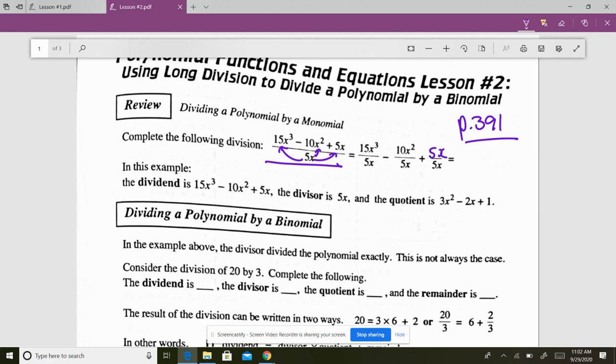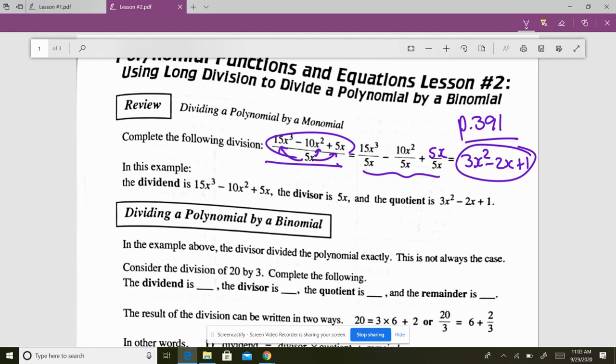Because if you're going the other way, you need a common denominator, and then you just add the tops, which would give you this thing. Okay? So then we just simplify it. What's 15 divided by 5? 3. X cubed over x is x squared minus 10 divided by 5 is 2. X squared over x is x. 5x over 5x is 1.